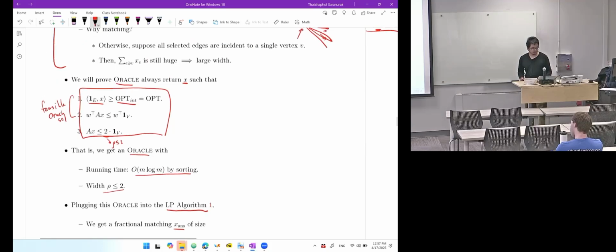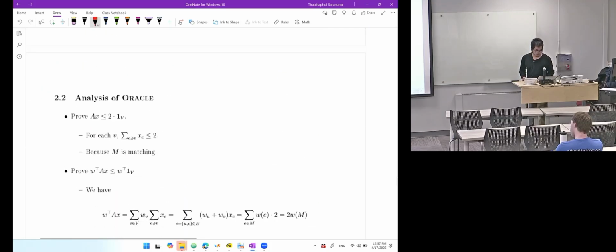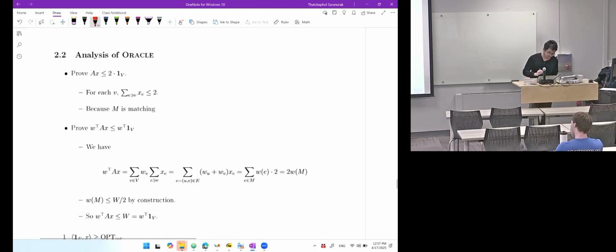Okay. So let's prove it. This one is easy, right? This is just to say that for every node v, what's the total x value on this node?